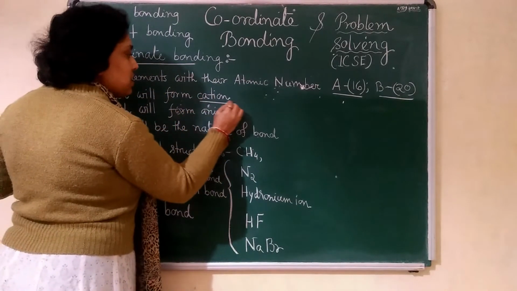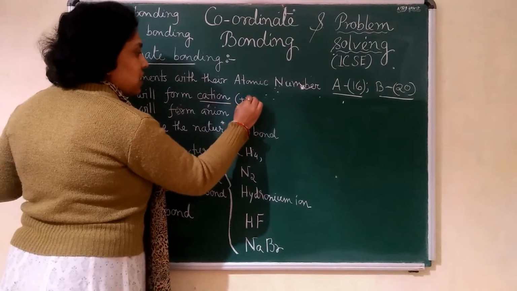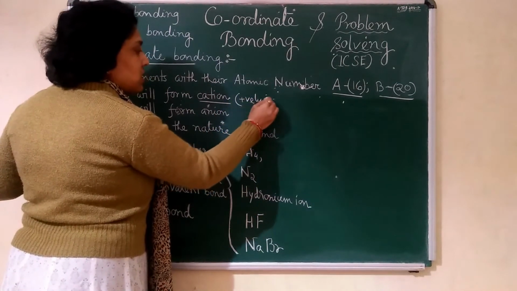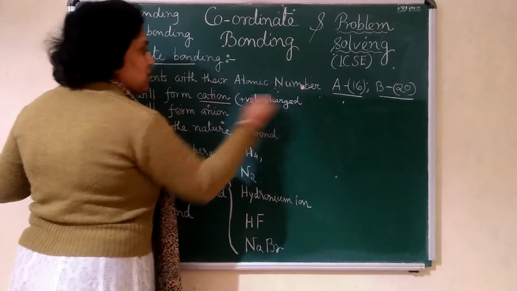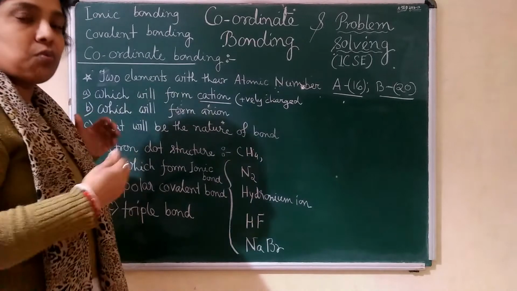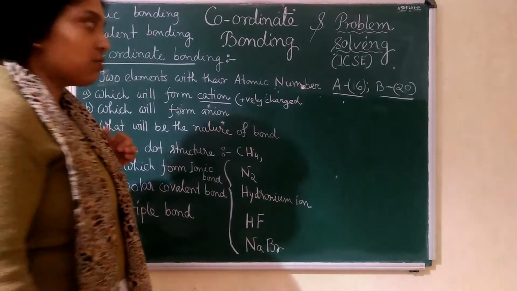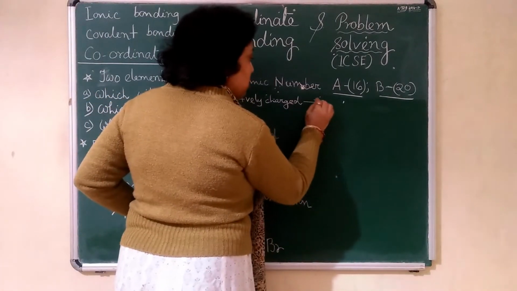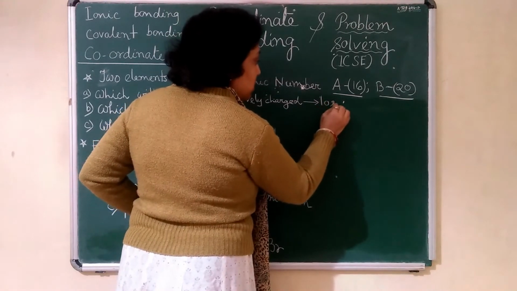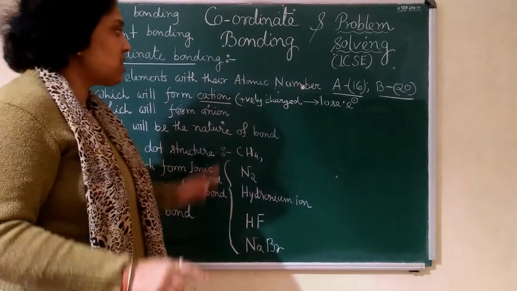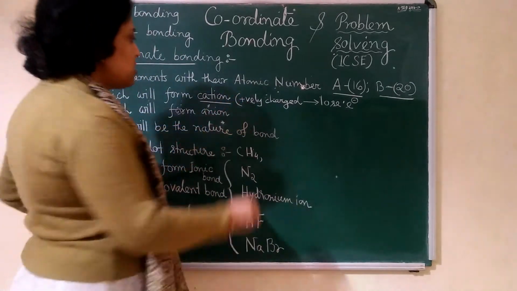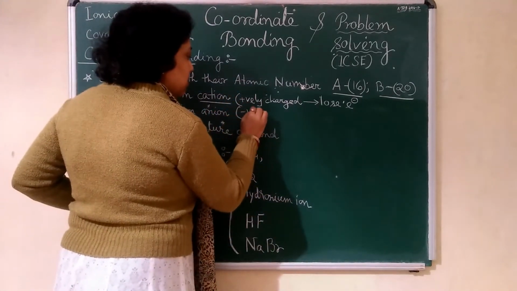Cation means, first you have to understand, it is positively charged. Positively charged means what? They form a positive charge when they lose electrons. These two things you have to understand. What are cation and anion? Cation is positive charge, anion is negative charge.